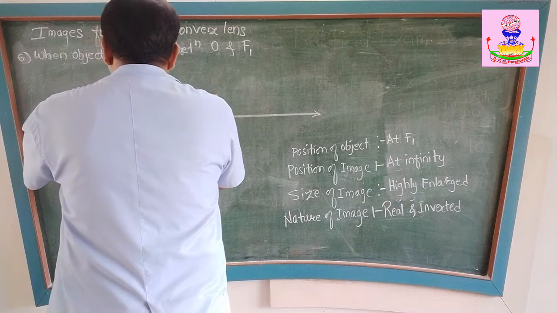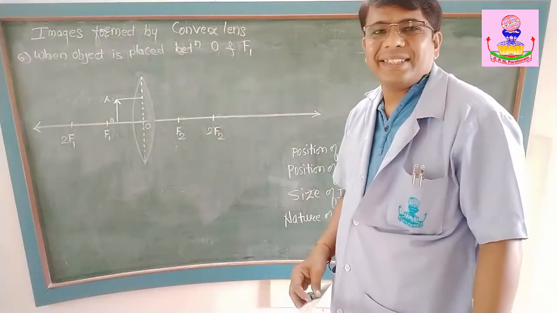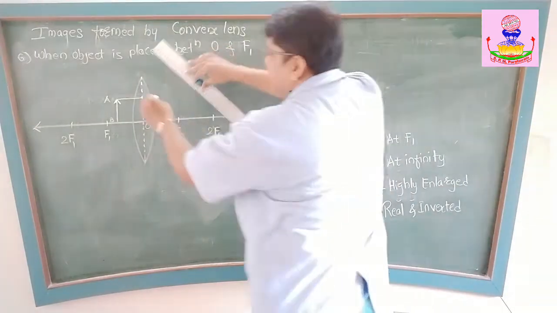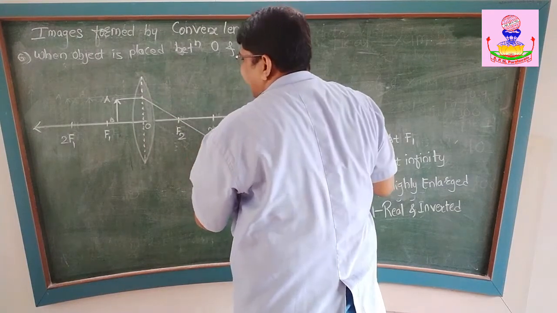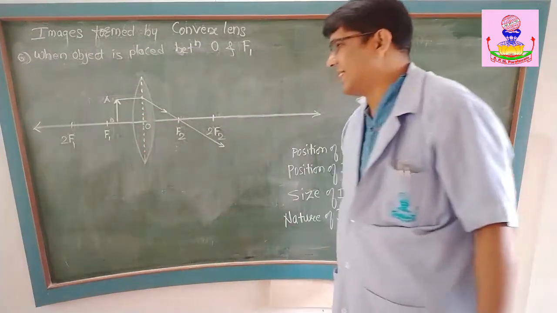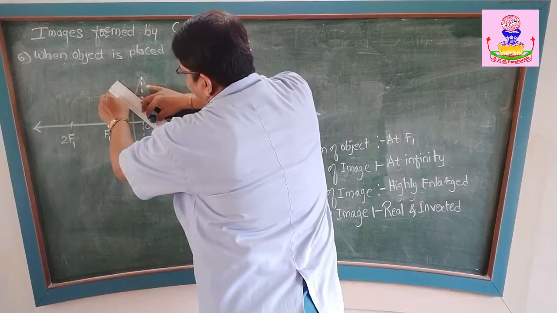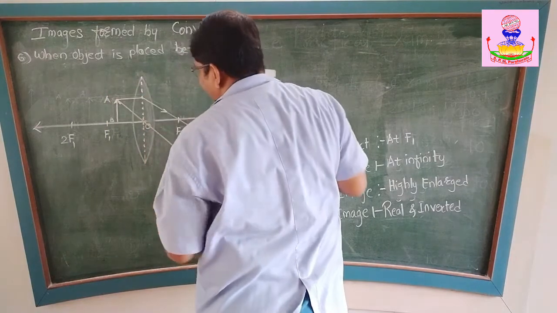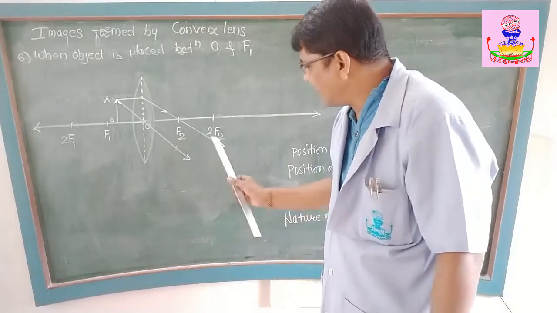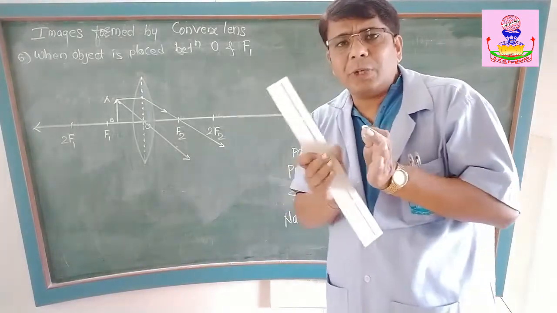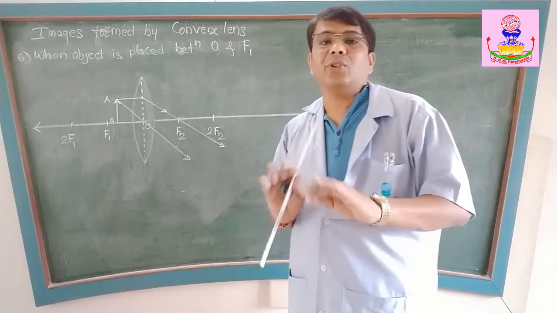Now rays of light. First ray, parallel to the principal axis, incident on the convex lens, after refraction passes through focus. Exactly. Second ray of light passing through the optical center goes undeviated. Now you can see here the distance between them goes on increasing.